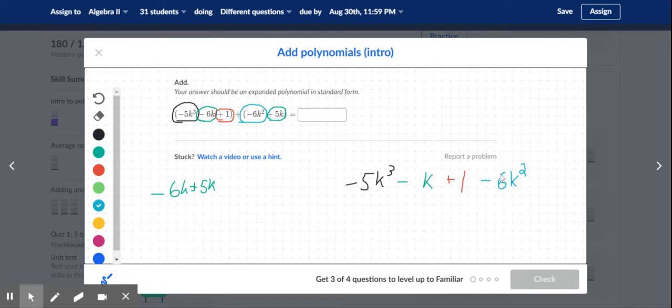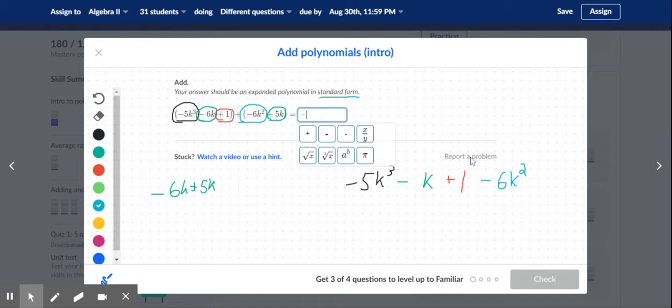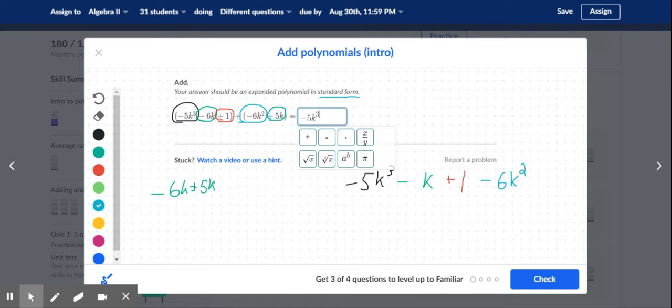Now, if we type in our answer this way, this won't be correct because up here it says your answer should be an expanded polynomial in standard form. And if we remember the polynomial intro lesson, standard form means exponents must be written from highest to lowest. So if I write it all out, highest to lowest, I can combine them just like so.